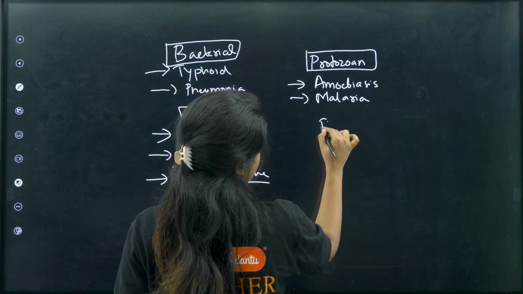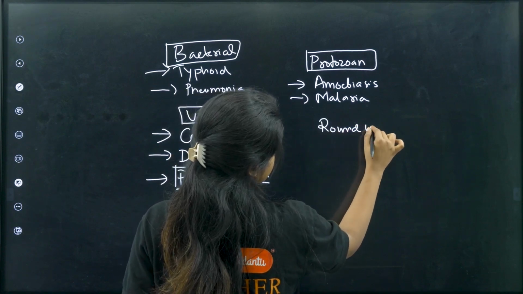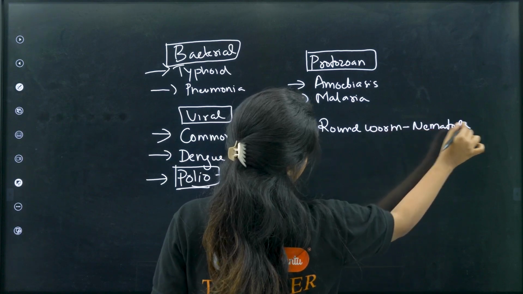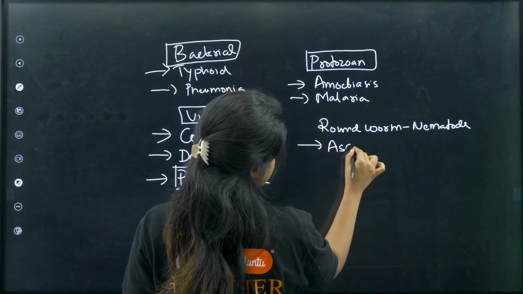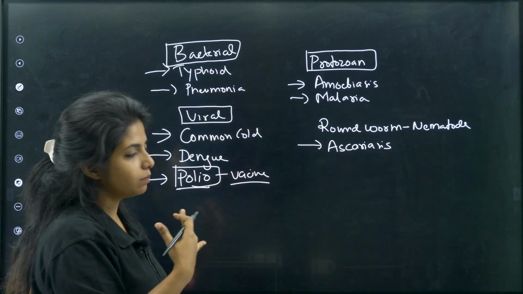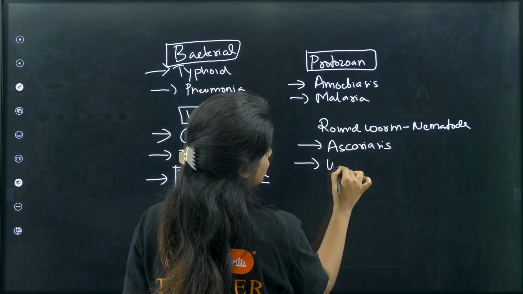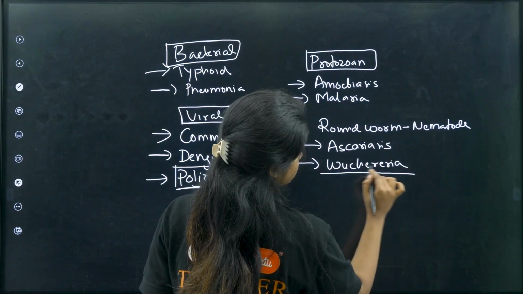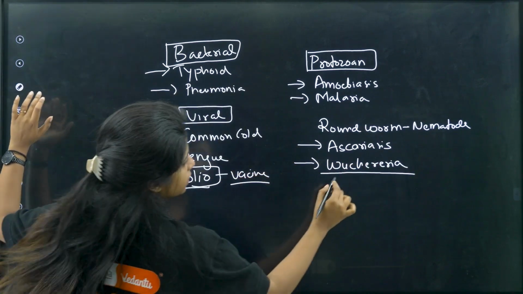Now the next thing is roundworm, or you also call it nematode. So one disease is ascariasis. It is very scary. Small worms coming in the intestine, making a junk there. And the other is Wuchereria. That is the name of the disease causing organism.